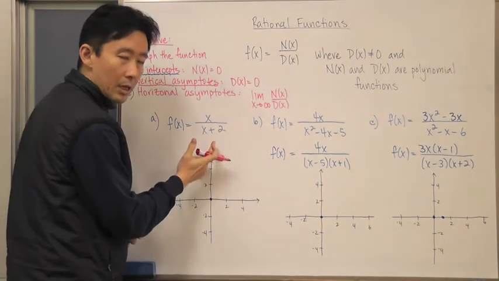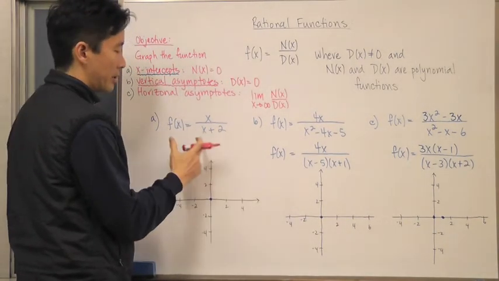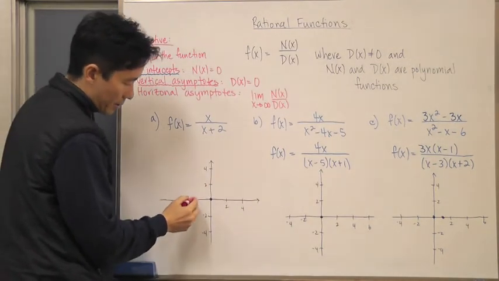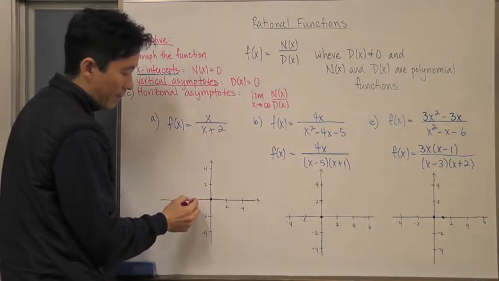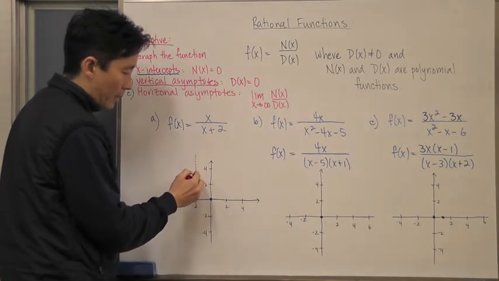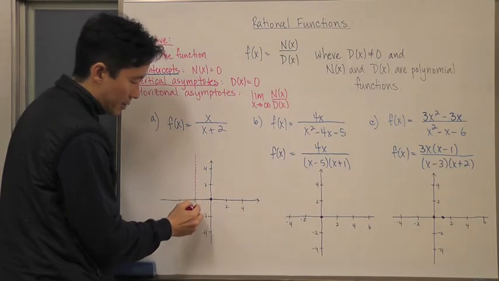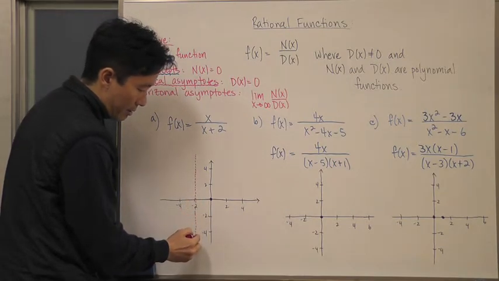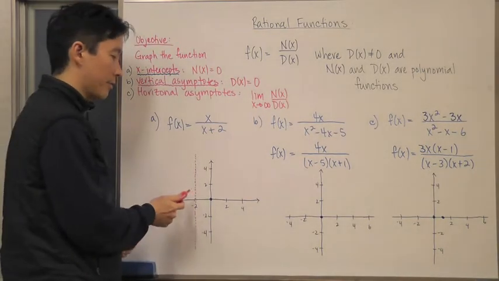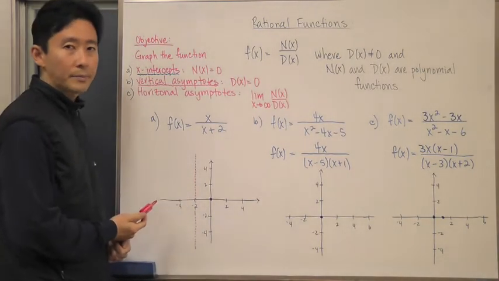When is that going to be equal to 0? Well, that's going to be equal to 0 when x is equal to negative 2. So when x is equal to negative 2, my function does not have any value. Therefore, I can draw a vertical asymptote using a dotted line, and the graph of the function cannot cross that line.